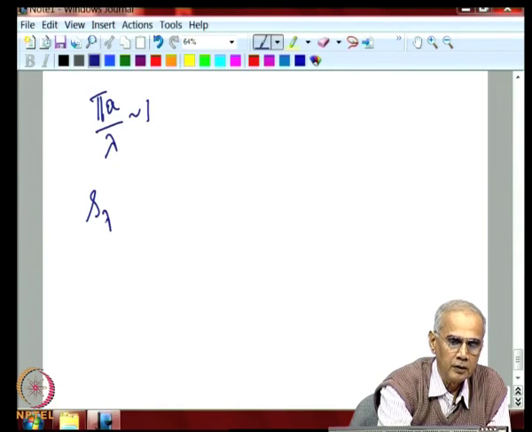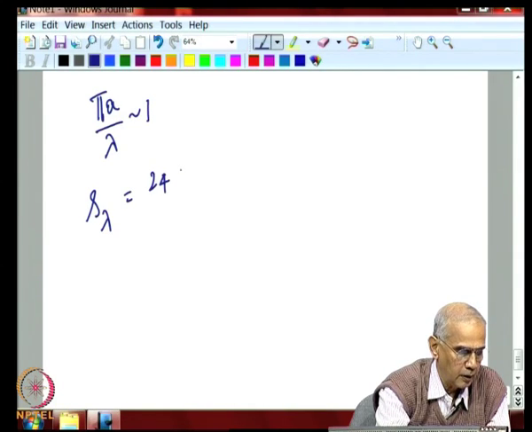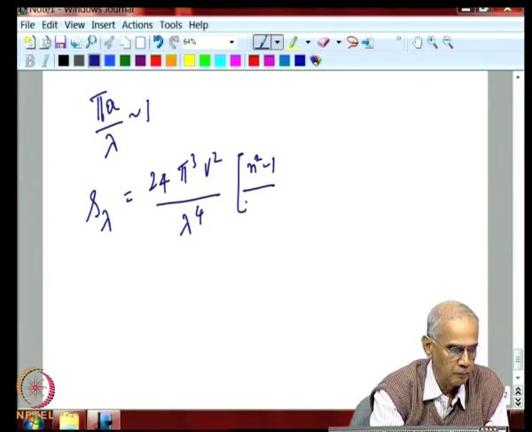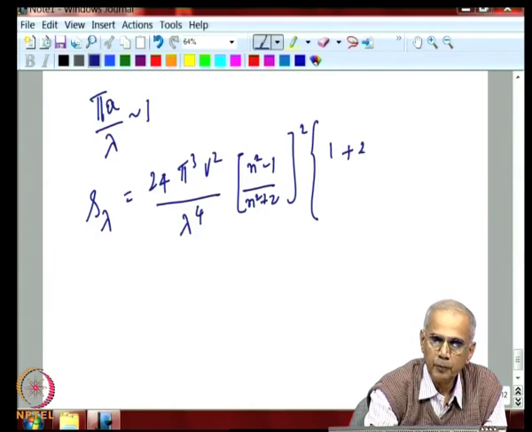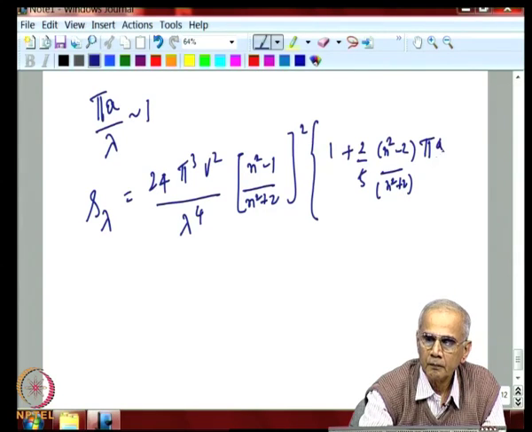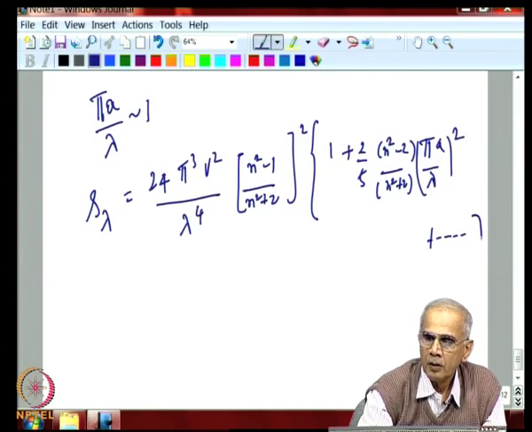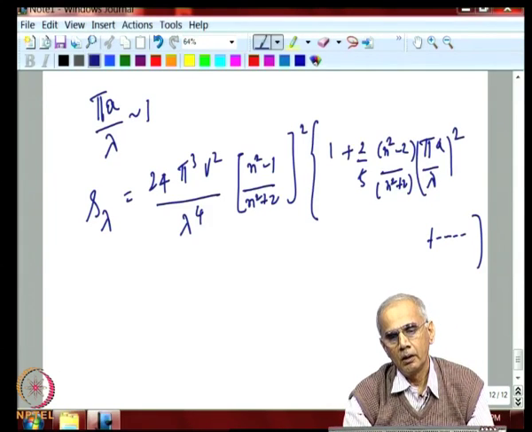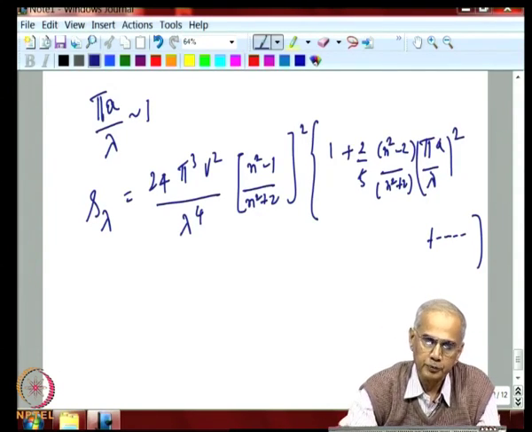So, the Rayleigh scattering value is the leading term in an expansion, one, and then you have many more terms which you have to deal with. So, there will be a series of expansion terms, many terms, and higher the value of pi a by lambda, you take more terms into account.